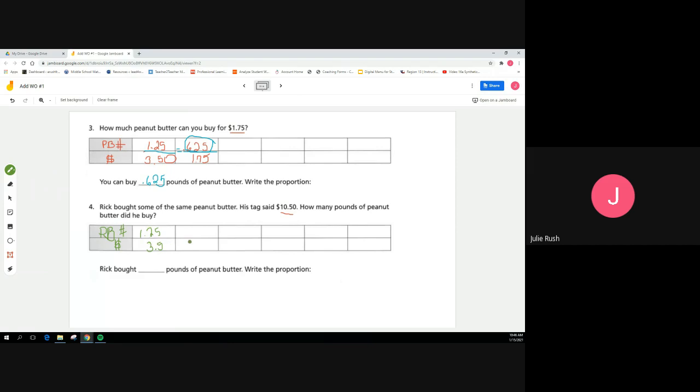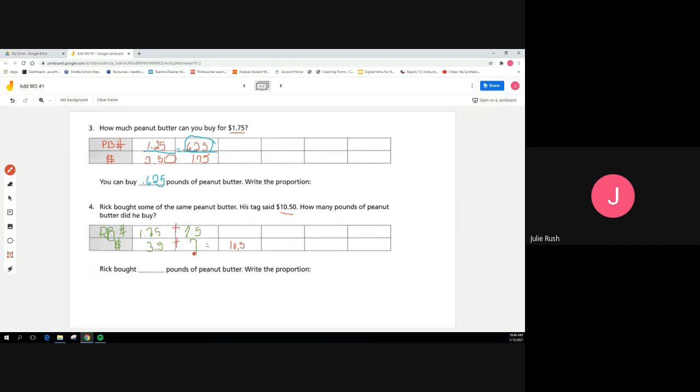So I'm going to double, because I know that takes me to 7 and 2.5 pounds. And then hopefully you notice that 3.5 plus 7 equals 10.50 or $10.50.